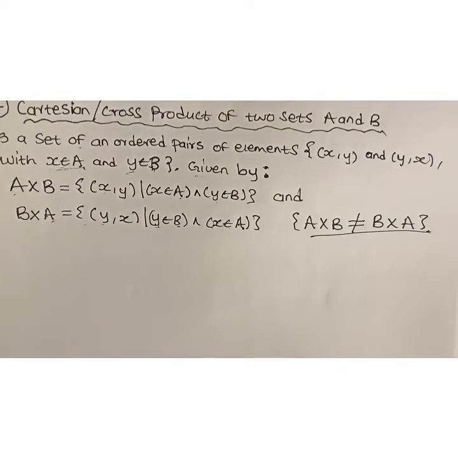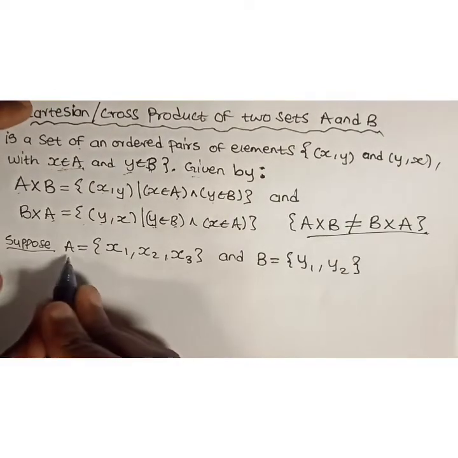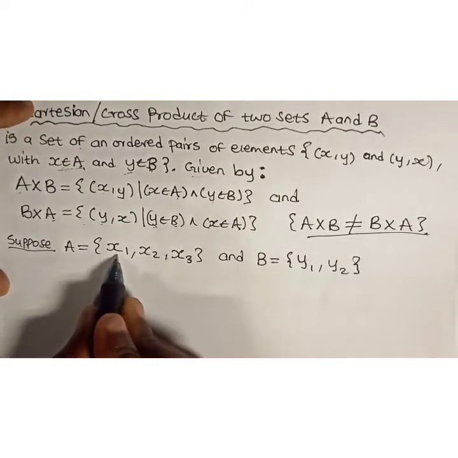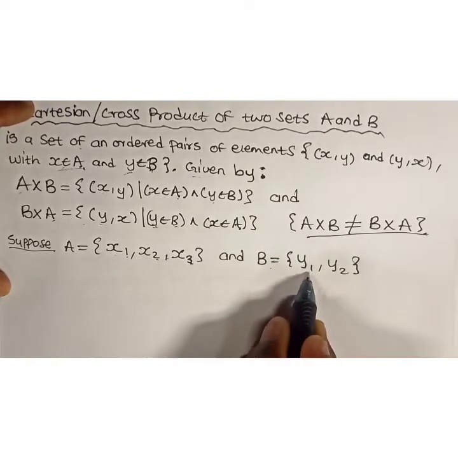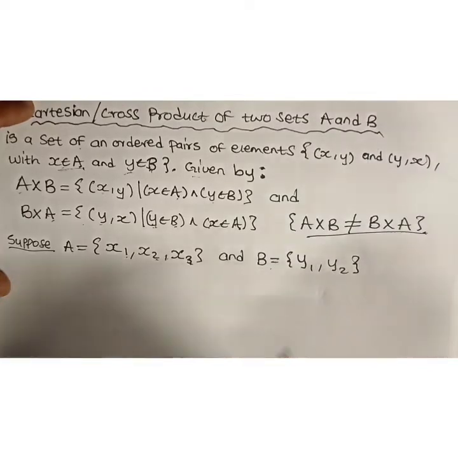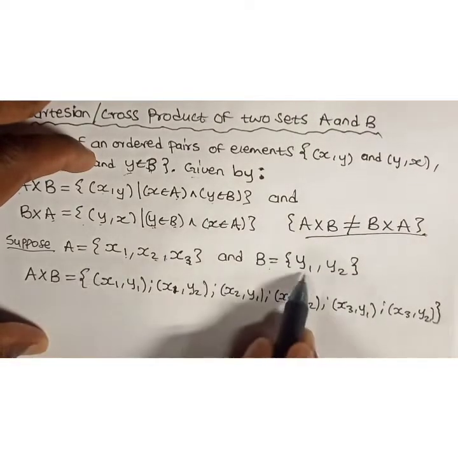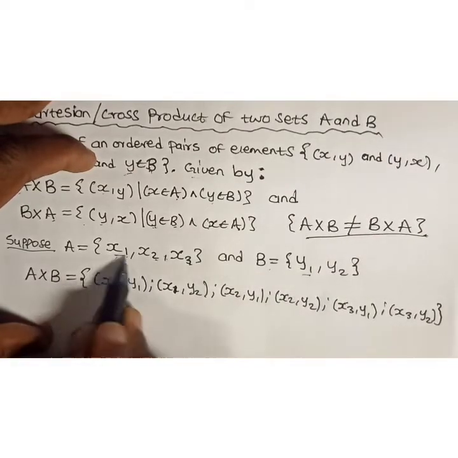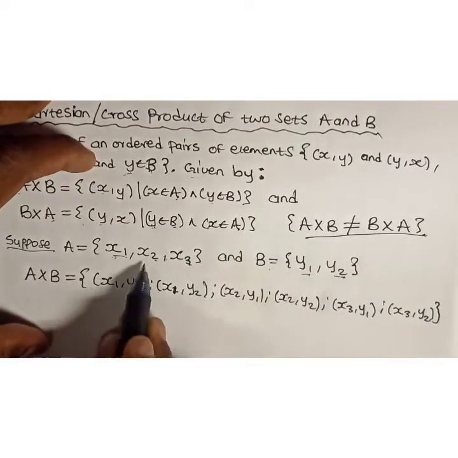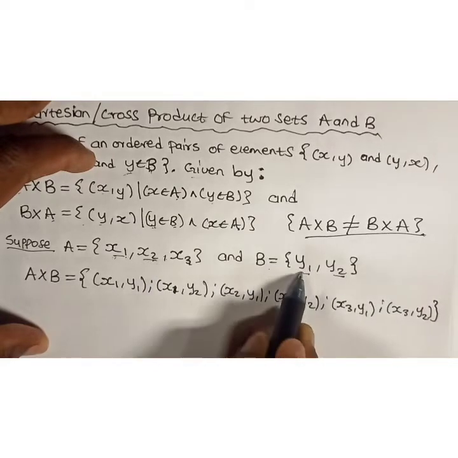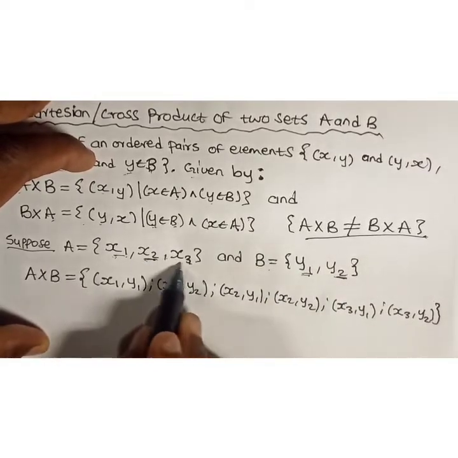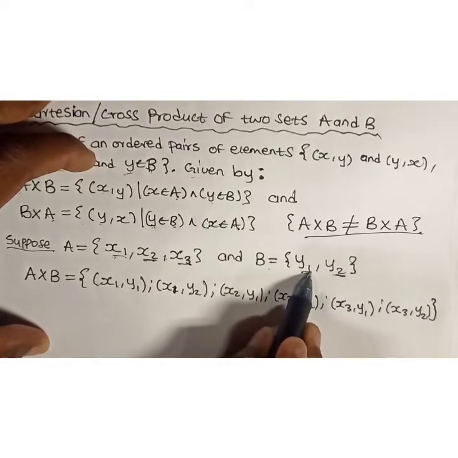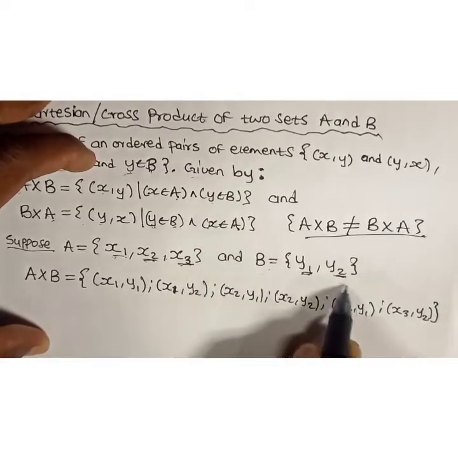An example. Suppose your set A is given by three elements X1, X2, X3, and your set B is given by two elements Y1 and Y2. A cross B will be the pairs X1, Y1, X1, Y2, X2, Y1, X2, Y2, X3, Y1, and X3, Y2.